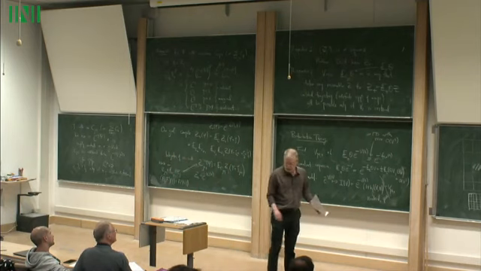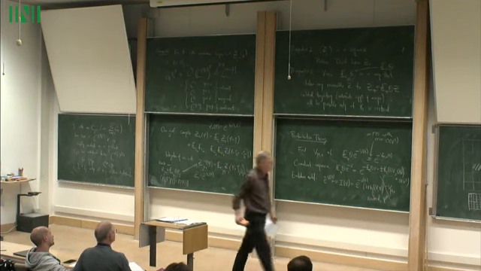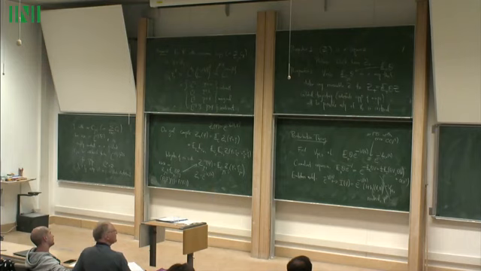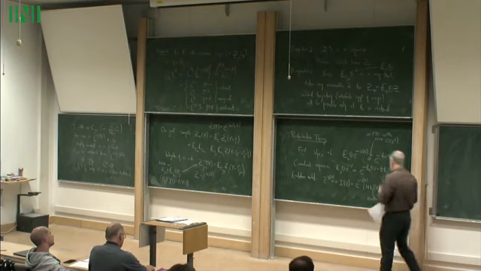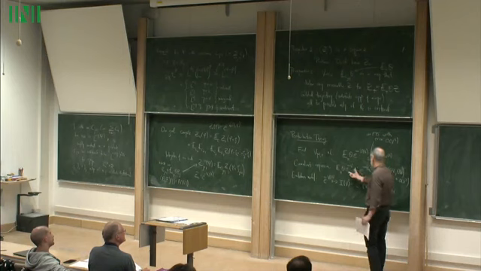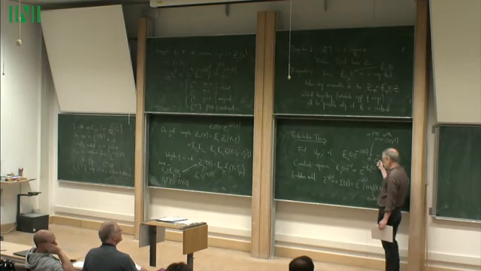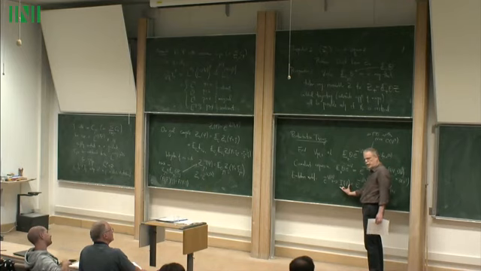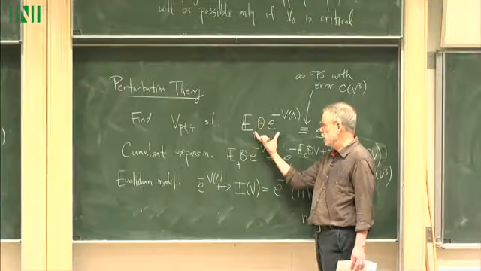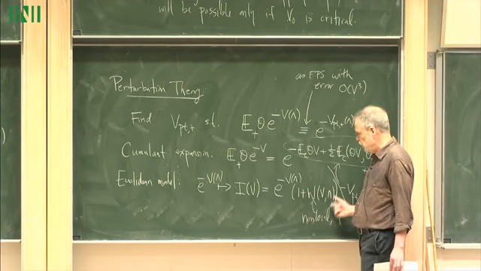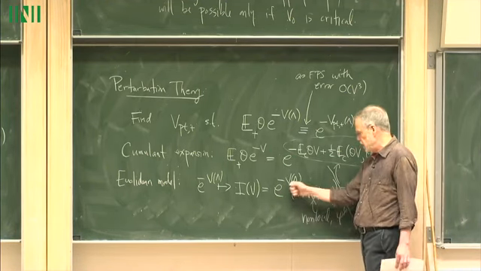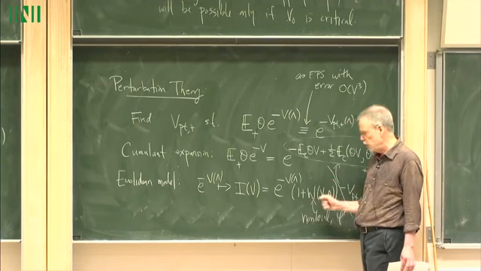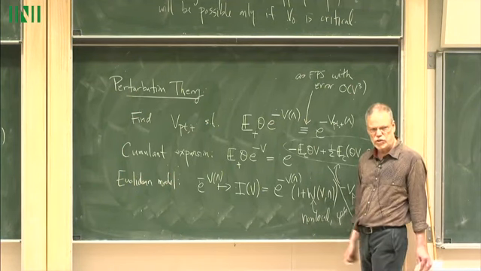So let me tell you what the result is after the smoke clears as far as how this V flows. Maybe I'll just say one more word, that this equation here gets replaced in the Euclidean setting by an equation that says that if you take the expectation of this I of V, instead of e to the minus V, then you get an I plus, which has a similar form to this with V replaced by VPT, the same VPT that I'm going to write down, and the W gets adjusted to the next scale.